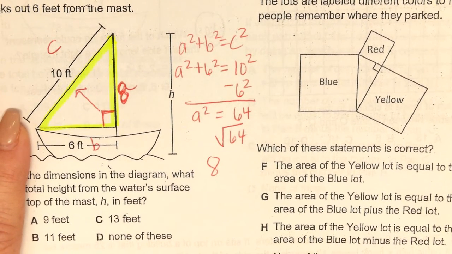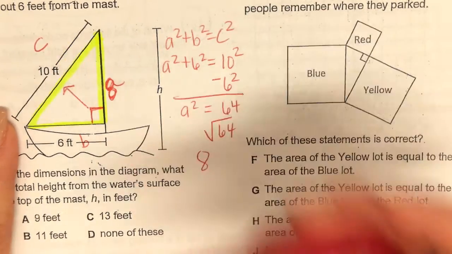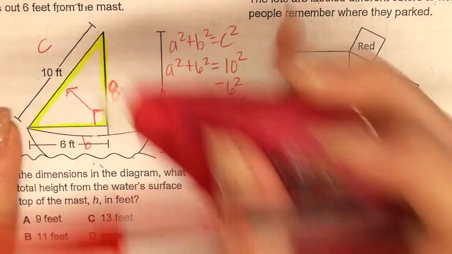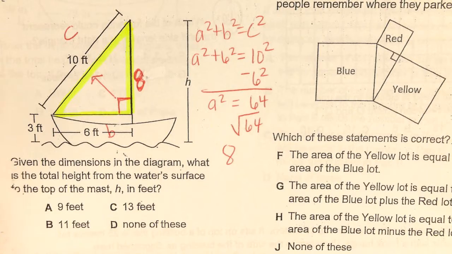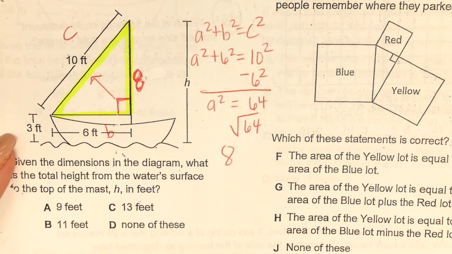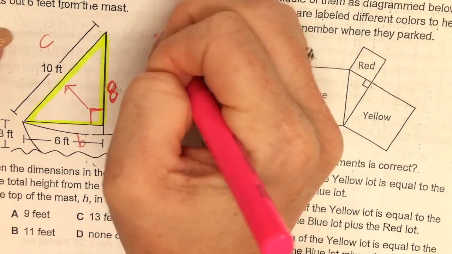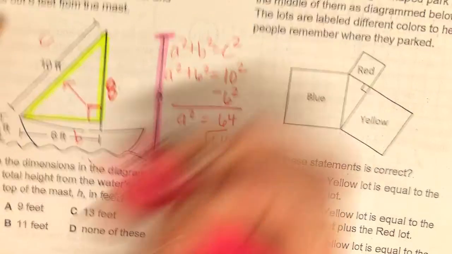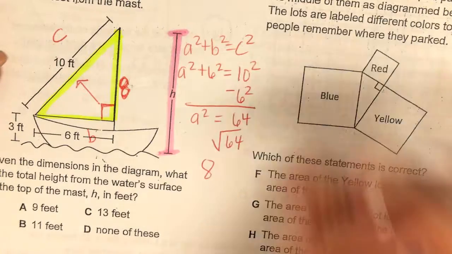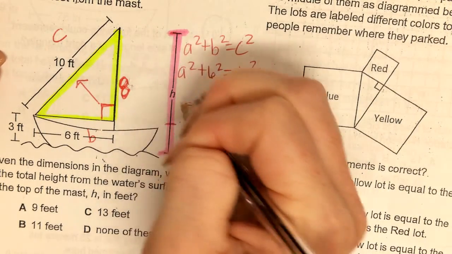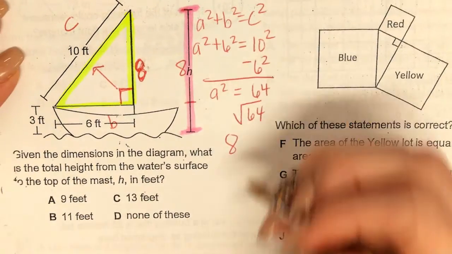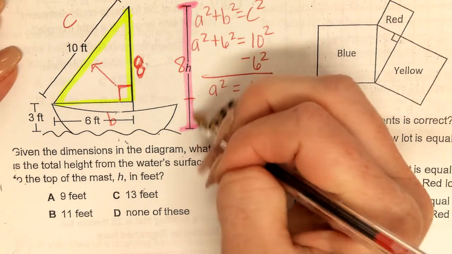But they want the height all the way down. So why did they give me this 3 over here? They want the height from here all the way down. Well, what do I know? I know that from here to here it's 8. But what's this piece right here?